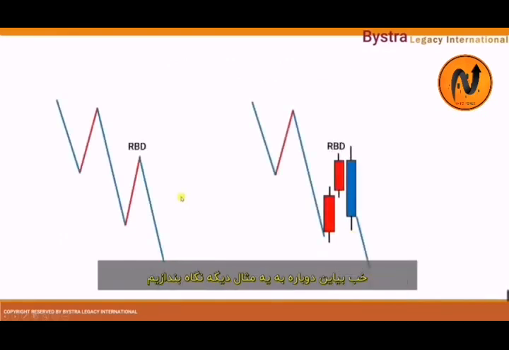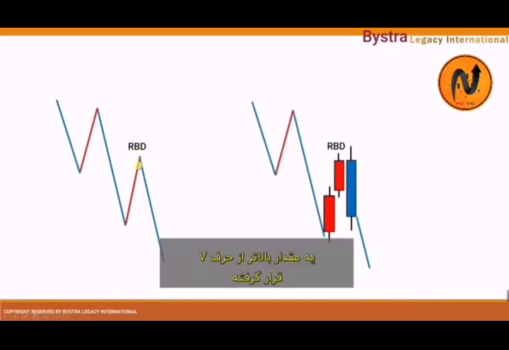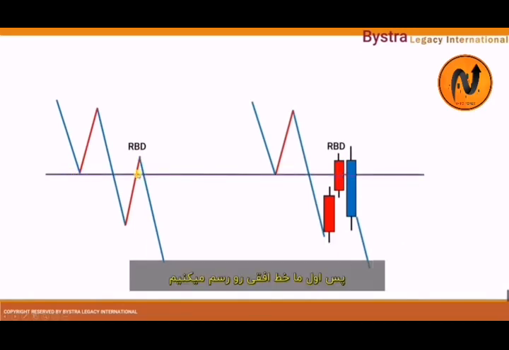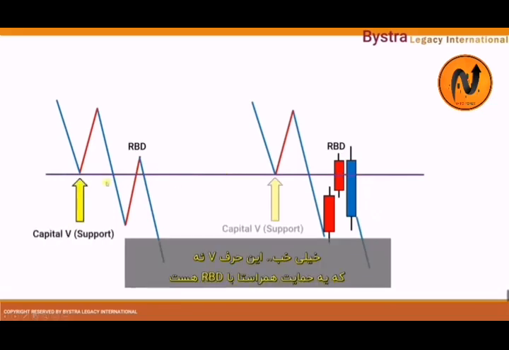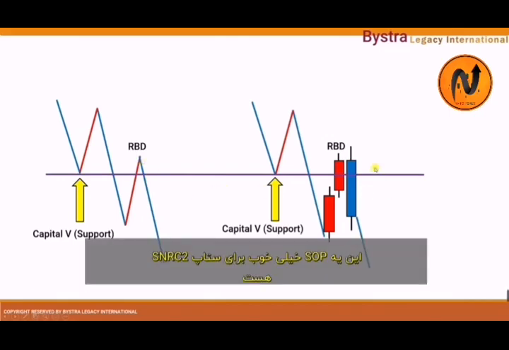So let's have a look at another example. This time the Rayleigh base drop will be slightly higher than the capital letter V. It's no issue, this will be a valid SOP as well. So we first mark the horizontal line. Okay, this is the capital V, which is the support, aligned with the Rayleigh base drop. This is a very good SOP for the SNRC2 as well.